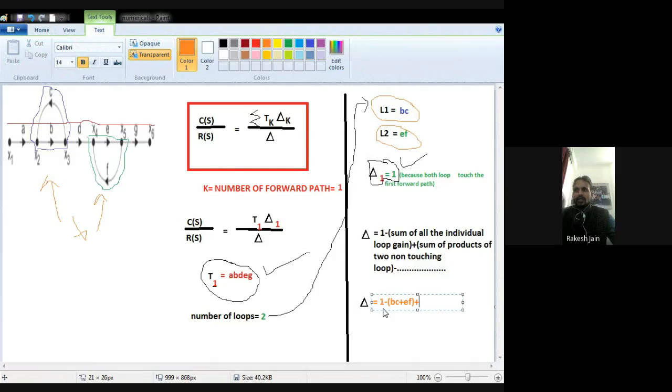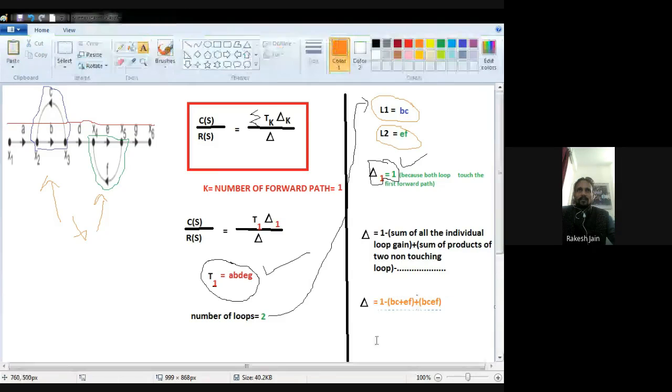See where the two non-touching loops are: the BC loop, L1, does not touch the L2 loop. It means these two are non-touching loops. So the sum of the products, but here only the product BC EF is there. So this will be your answer for del.